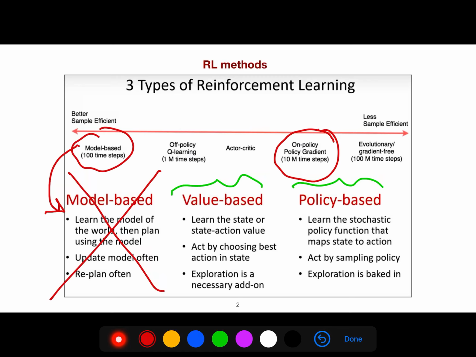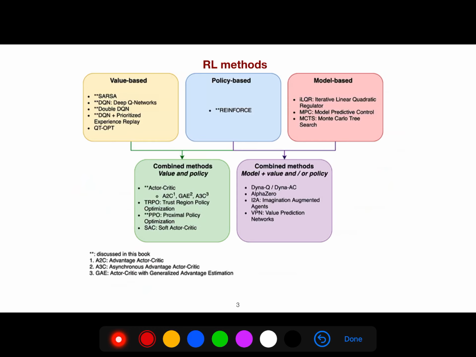But when you don't have that model, you should rely on policy gradient. So 10 million time steps, in comparison to gradient-free, which needs 100 million time steps. This is one of the cons of the policy-based approach.